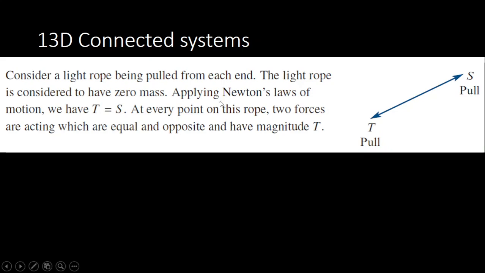The way we're going to model the connection between the different particles is with a rope that is considered to have zero mass, and by applying the laws of motion on the rope, we'll see that you have two opposite forces that have the same magnitude and opposite direction.